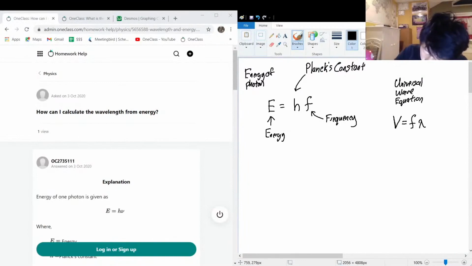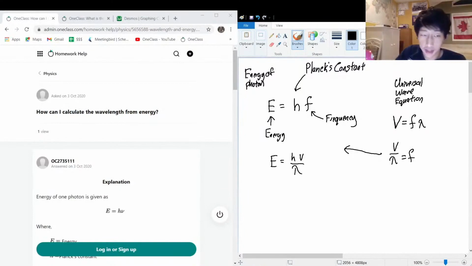If we want to solve for the frequency, it would just be V over lambda is equal to frequency. So we can sub that into here, and we'll have energy is equal to H V over lambda.